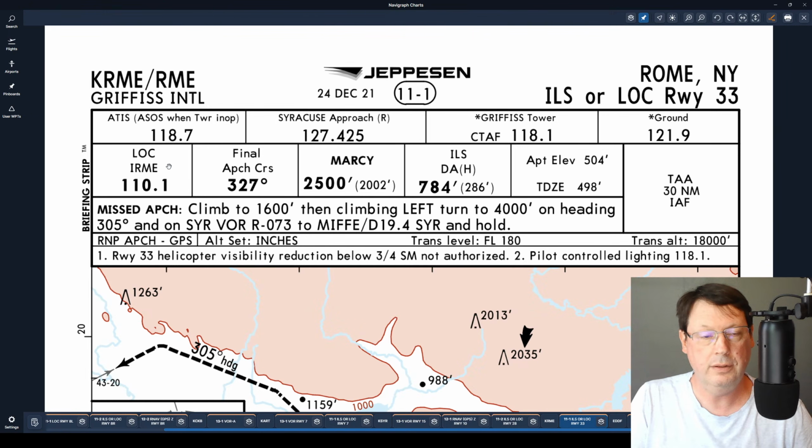If for whatever reason you only have a localizer receiver in your aircraft, it's only going to give you the localizer, the left right guidance. And if you need any more information about that, we talked about it yesterday. You can go back and watch the video from yesterday, where we talked more about glide slope and localizers and what all that means.